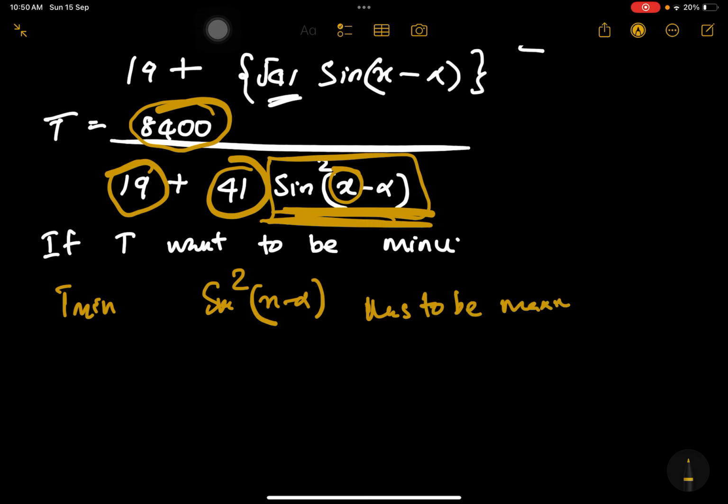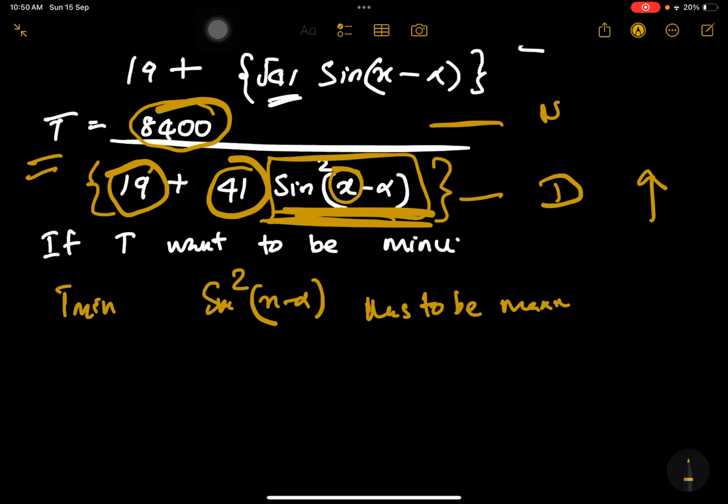Why? The top is the numerator, and the whole thing below is the denominator of this fraction. If t has to be minimum, the denominator has to be maximum. That's the logic, right? Whenever the denominator is increasing, t is reducing.